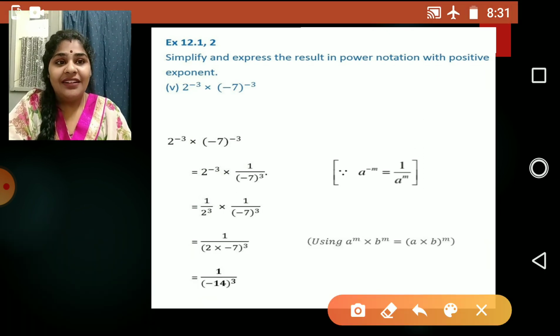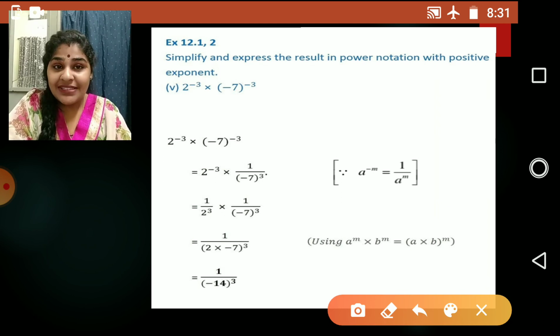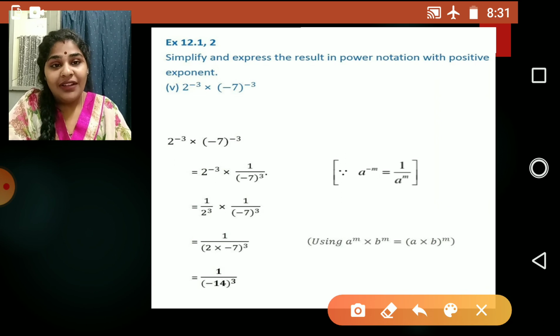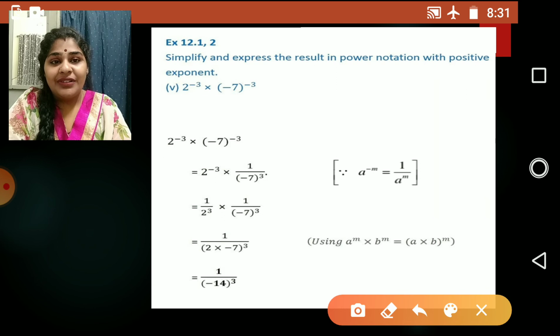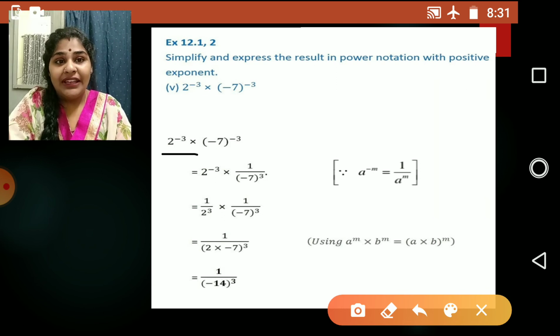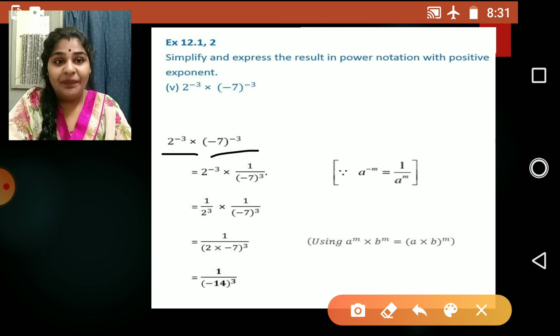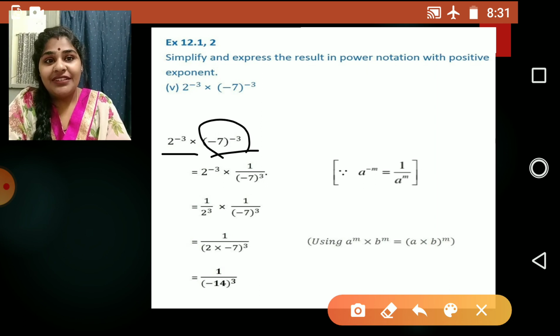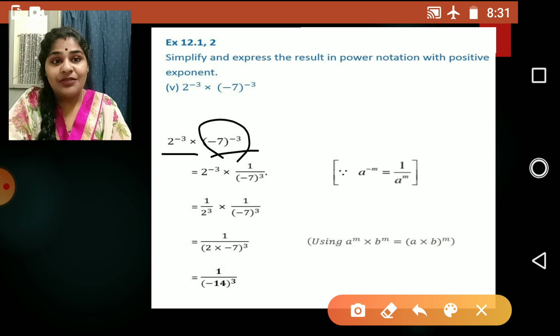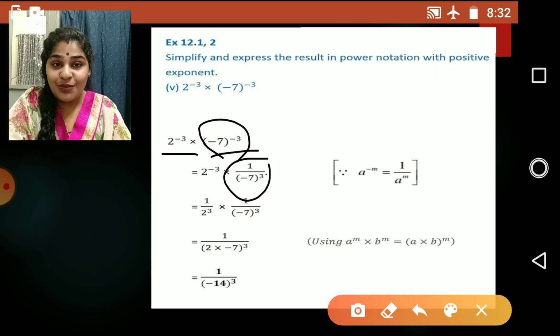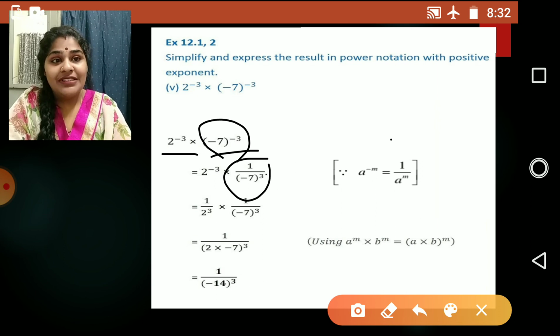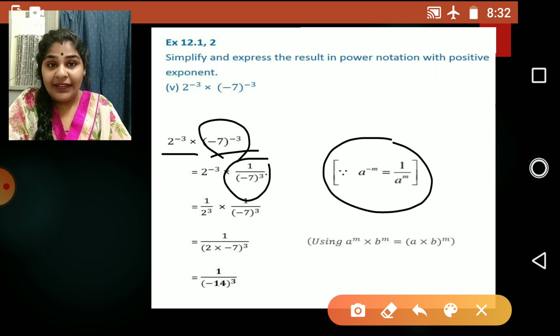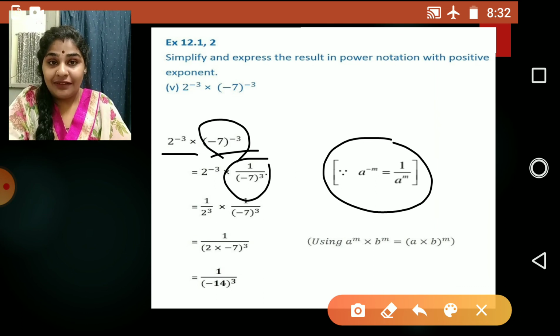So here a different method is given children. You can use any law. Let us see how it is solved. This is 2 raised to negative 3 multiplied by negative 7 raised to negative 3. Here they have changed negative 7 raised to negative 3 as 1 upon negative 7 raised to positive 3, using the identity a raised to negative m is equal to 1 upon a raised to m.